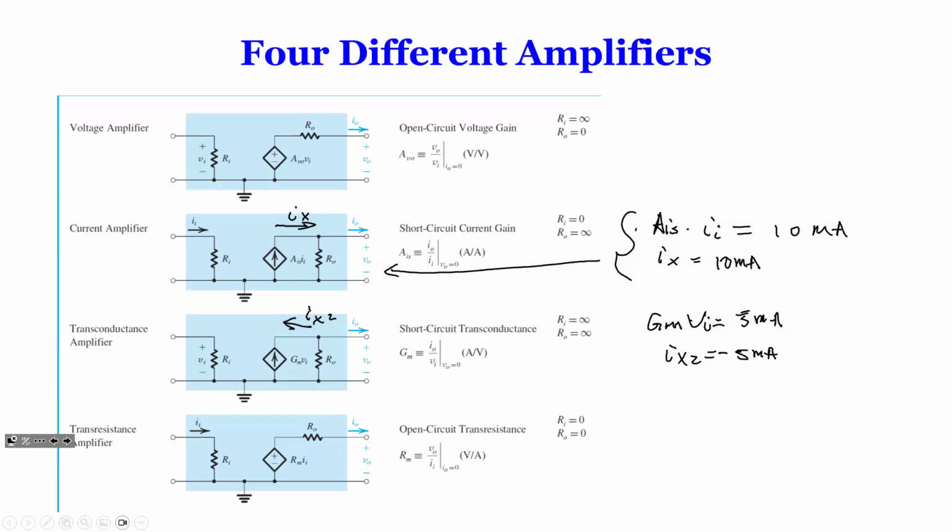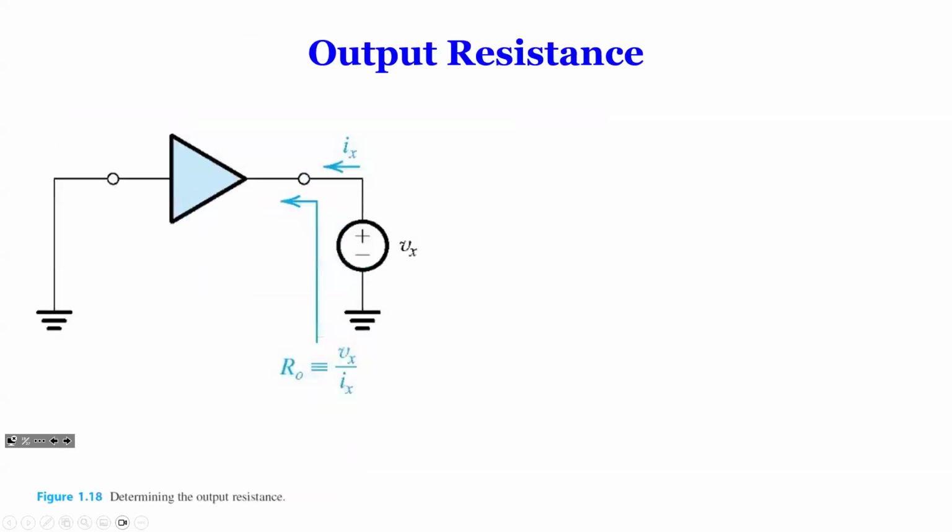Yeah, it's going to be negative 5 milliamps because the direction is different. This is the one thing I just want to bring up, because students say, oh, I marked it this way, why did he get points and I don't? It depends on how you mark it. If you don't mark the direction, you simply say IX is 5, I don't know. But if I already marked IX this way and you still say IX is 5 milliamps, you're wrong because the direction is wrong, right? So that's how you want to do that.